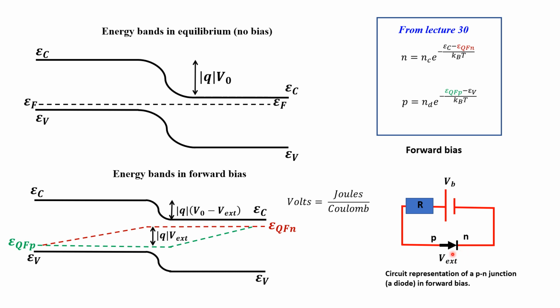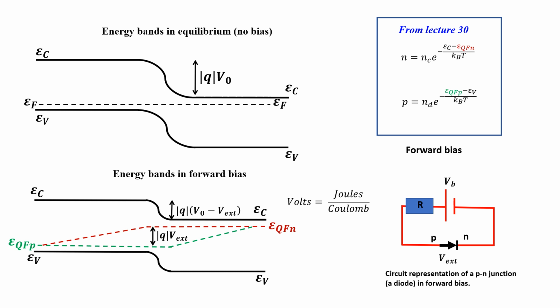In other words, this must be the Fermi level. So this number means that the Fermi level on this side is higher than the Fermi level on this side by this much. And this is exactly what we are showing here. So we are showing that the Fermi level on this side is higher than the Fermi level on this side by this much.